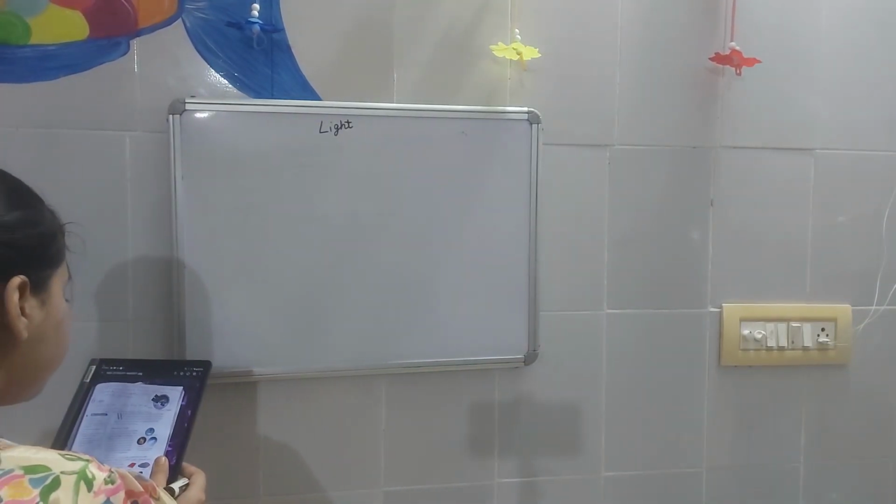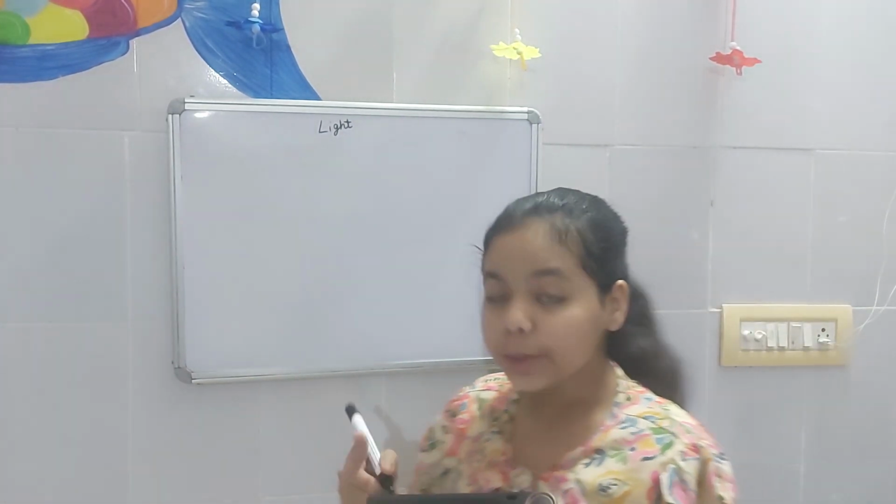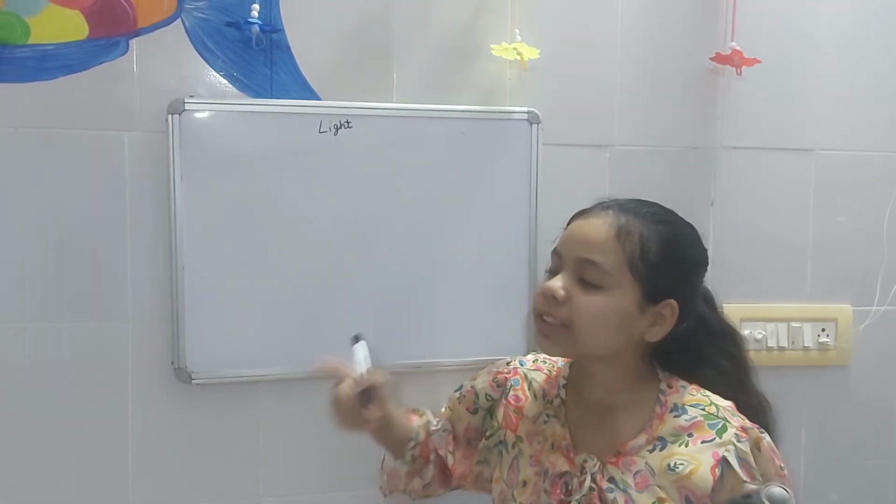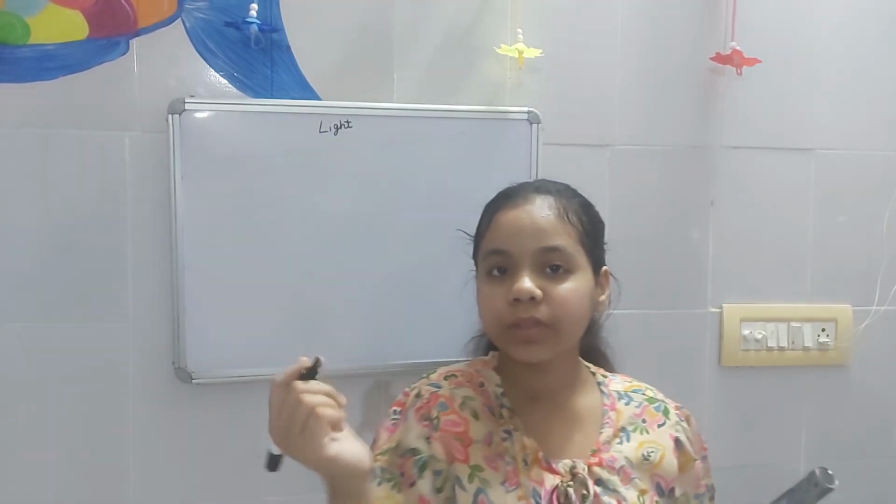See, we need light to see the world around us, right? What I told you when I taught you that physics is interconnected with the word physical. I told you that physics means making objects visible to us.